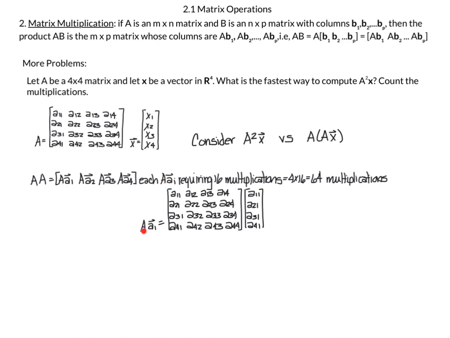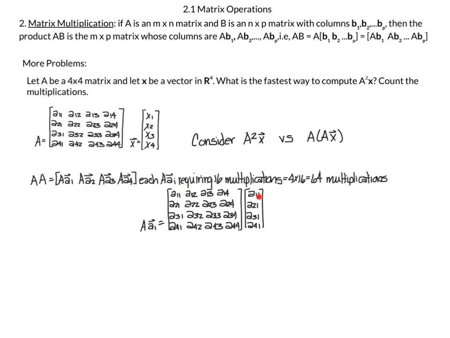So I looked at A times the first column vector. Here's A, and my first column vector is A11, A21, A31, A41, this column here. When I do this multiplication, I multiply this row times this column. That's 4 multiplications, right? A11 times A11, A12 times A21, A13 times A31, and A14 times A41.